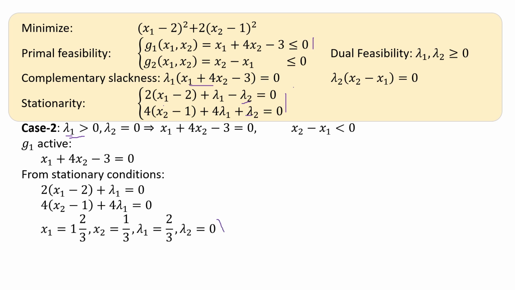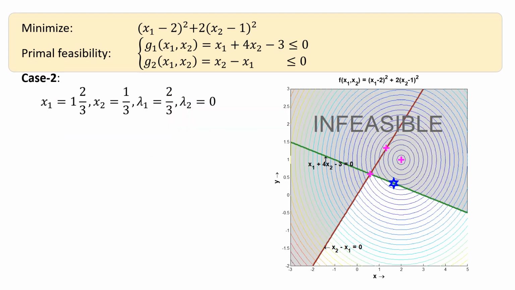Let's check if the feasibility conditions are satisfied. G1(x1, x2) equals 0 because we used it to solve. And G2 is x2 minus x1, which is less than or equal to 0. So that's also satisfied. Let's keep this. Let's look at it geometrically.